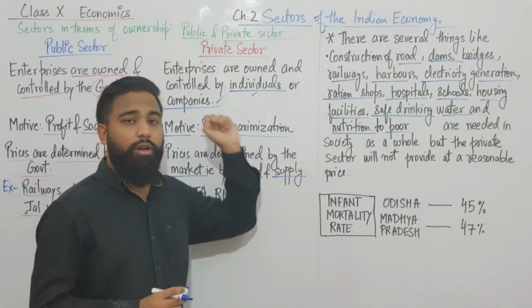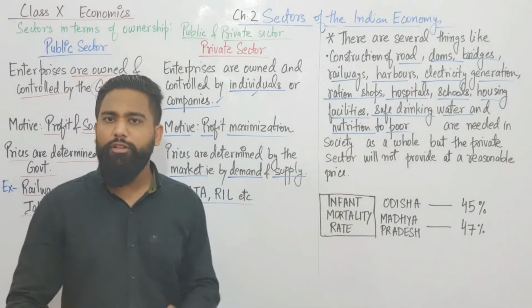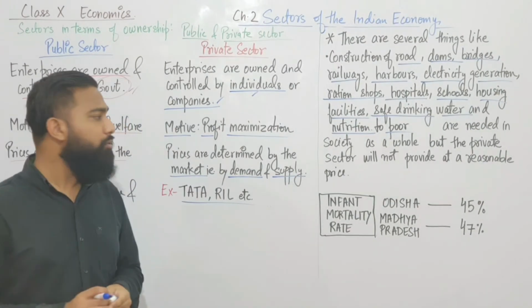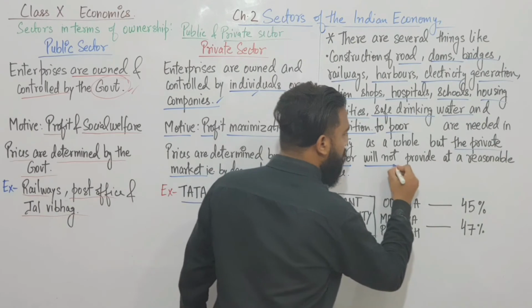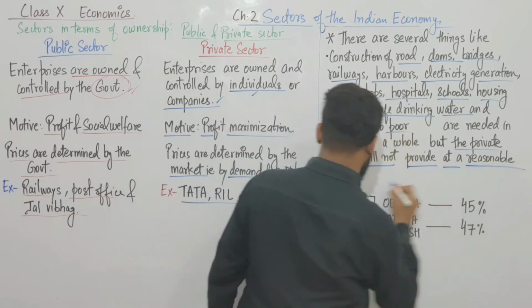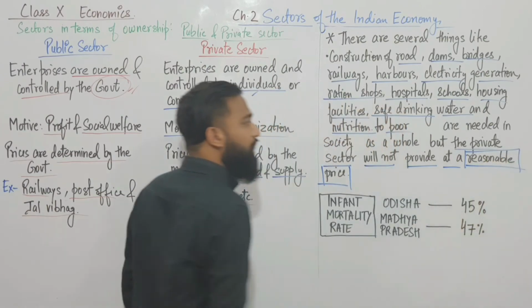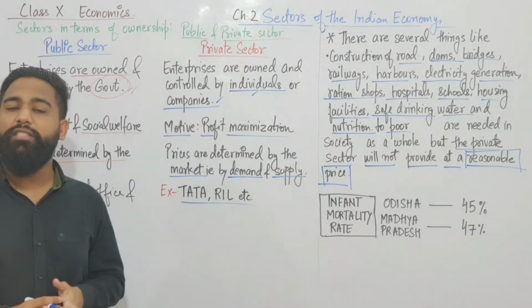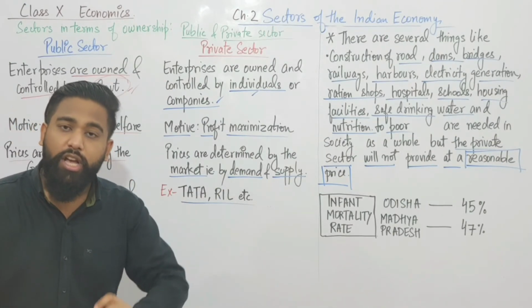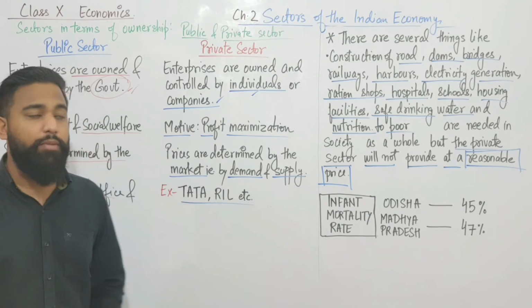Now the main reason for the government to produce: they could give some of the activities to individuals also. But why don't they do that? Because the private sector will not provide these activities at a reasonable price. That's the answer. They will charge a higher amount of money.